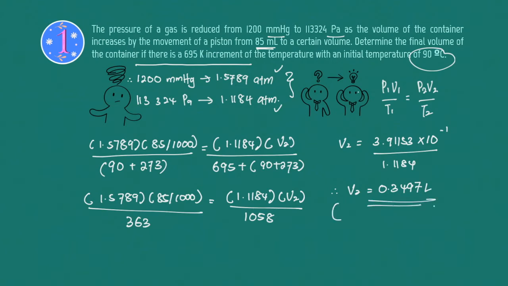In the choices of answers given to you, the answer should be in milliliter instead of liter. So you just need to times 1000 over here. Therefore, your V2 should be equivalent to 349.7 milliliters. So this is the final answer for the first question.